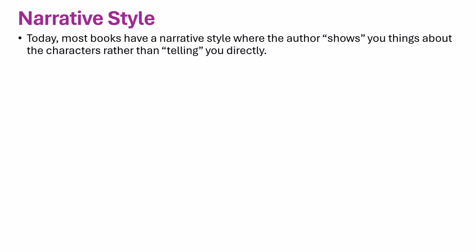Today, if you are a big reader, you're going to right away notice a difference with how this book is written. Like I said, it's short. It moves along very quickly, in my opinion. Most books today have a narrative style where the author shows you things about a character rather than just telling you directly.